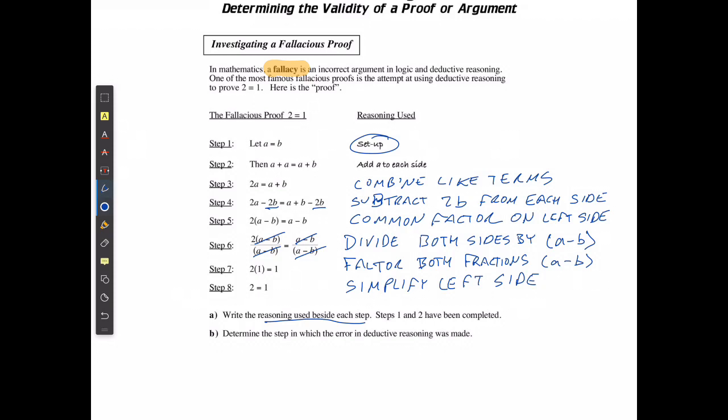So from a distance, it looks like everything that they've done is mathematically possible.